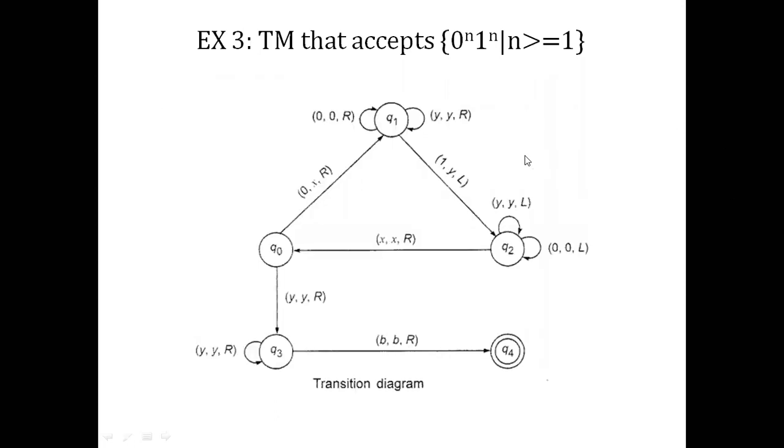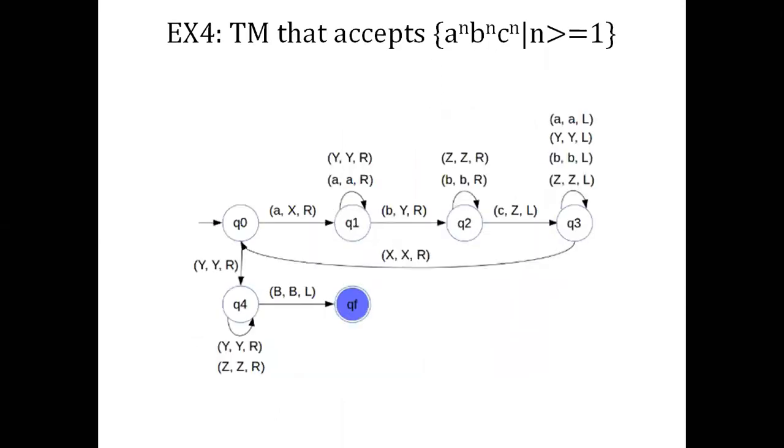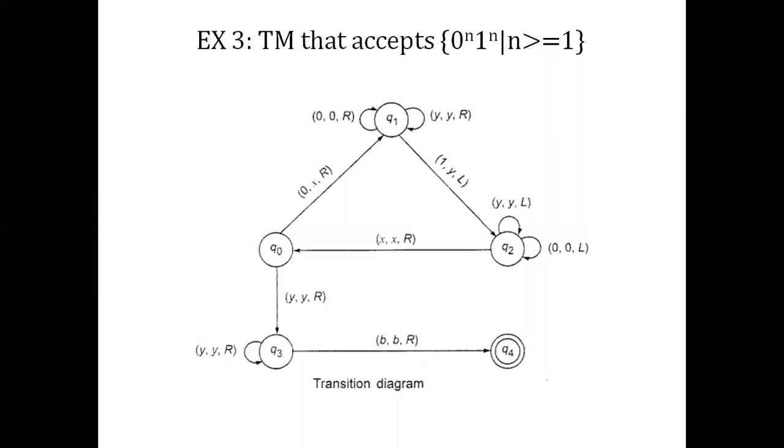Now, this is a very classic example of a Turing machine. Let us study 0 raised to n, 1 raised to n. Can we solve this problem with the help of finite automata? No. Can we solve it with a pushdown automaton? Yes, we've already solved it with a PDA.